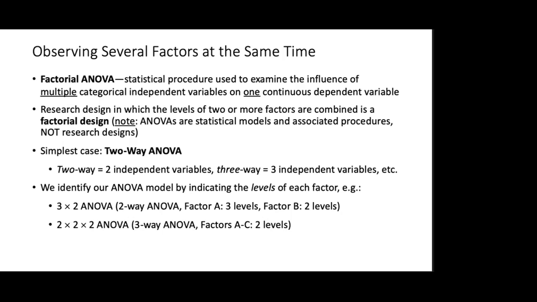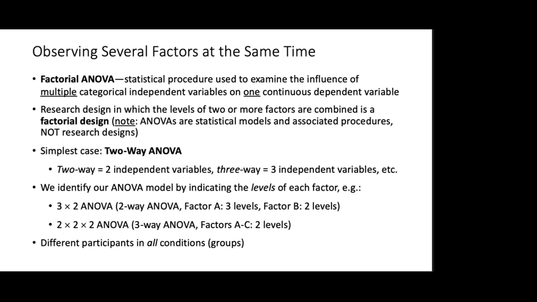If we had 3 factors, so 3 independent variables with 2 levels each, then we would have a three-way ANOVA, also called a 2x2x2 ANOVA, right? If the 3 factors had 3 levels each, it would be a 3x3x3 ANOVA. So those are some common notations that you might be familiar with already, but I wanted to mention it.